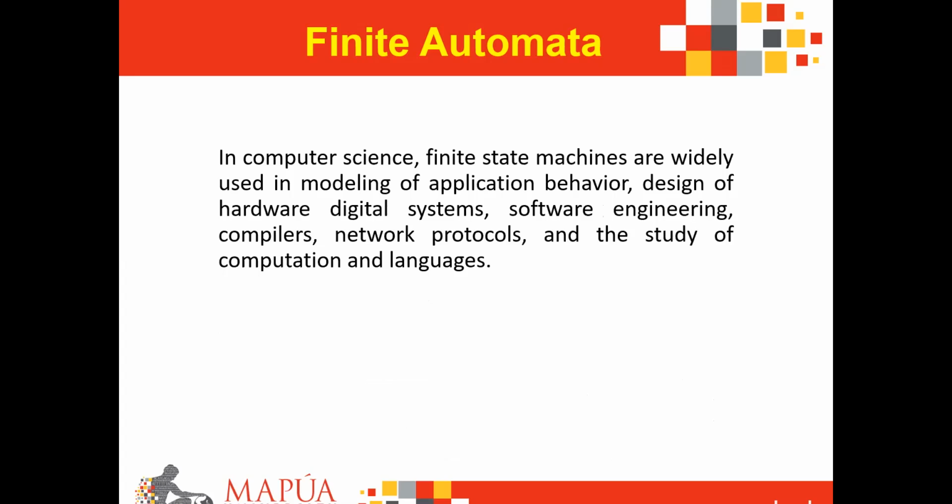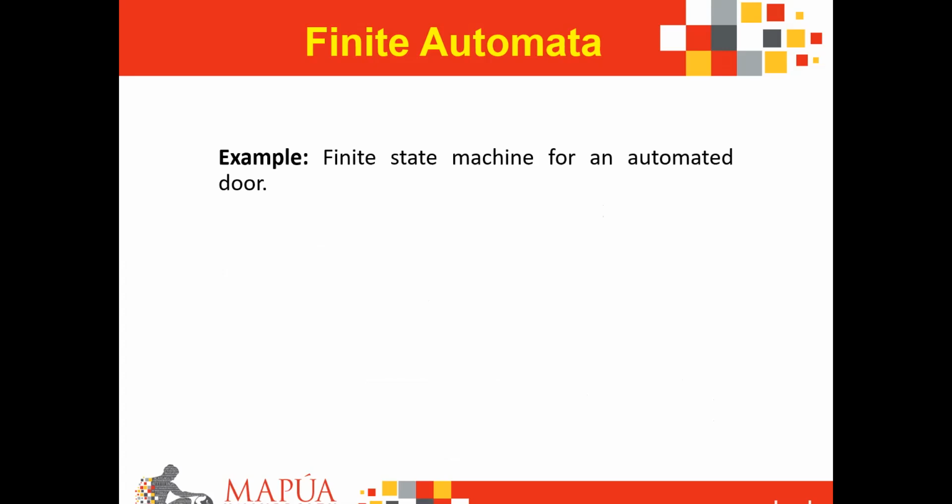In computer science, finite state machines are widely used in modeling application behavior, design of digital hardware systems, software engineering, compilers, network protocols, and the study of computation and languages. This is an example of a finite state machine of a particular automated door.